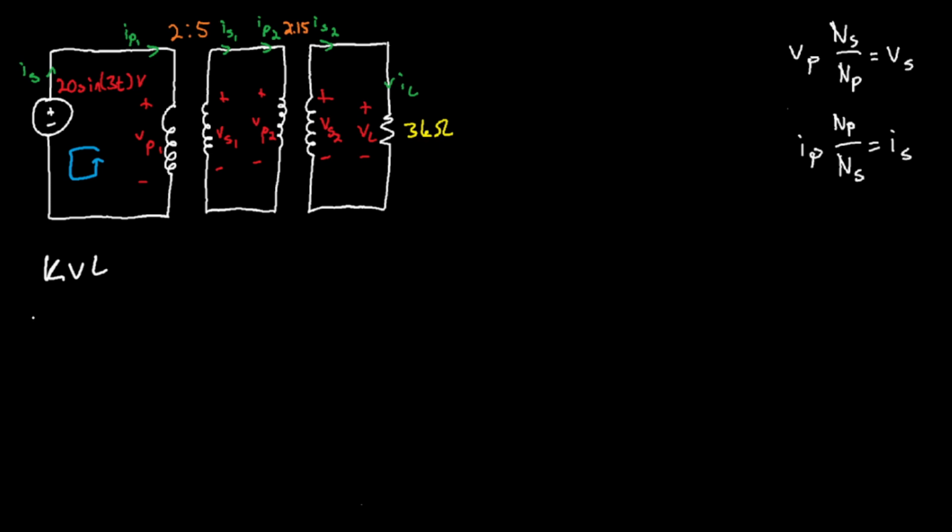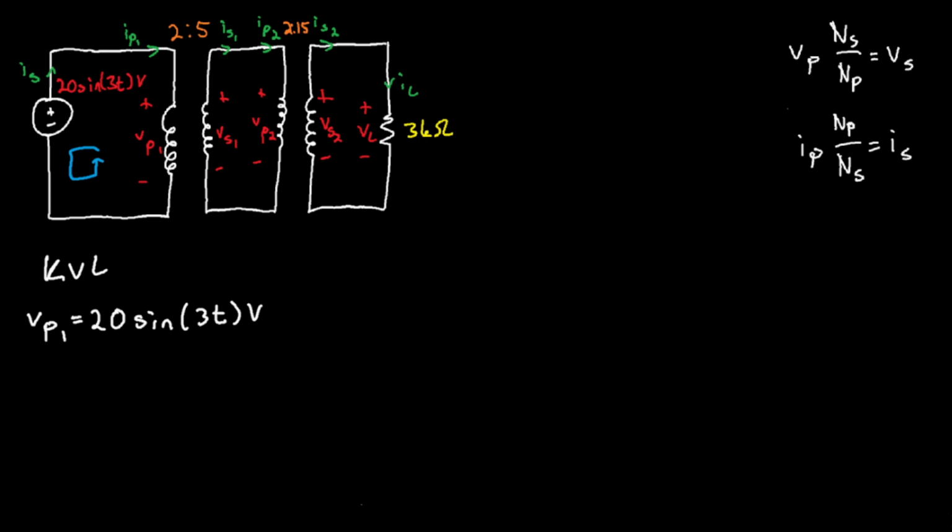So your VP of 1, this guy, is equal to your voltage at the voltage source, which is 20 sine of 3t. Now this 3 represents angular frequency, if you know about alternating current. But the 3 really doesn't matter. Whatever value you have inside your sine or cosine function, whenever you're using transformers, it's not going to change anything since you're not finding any derivatives or doing anything with the phase shift.